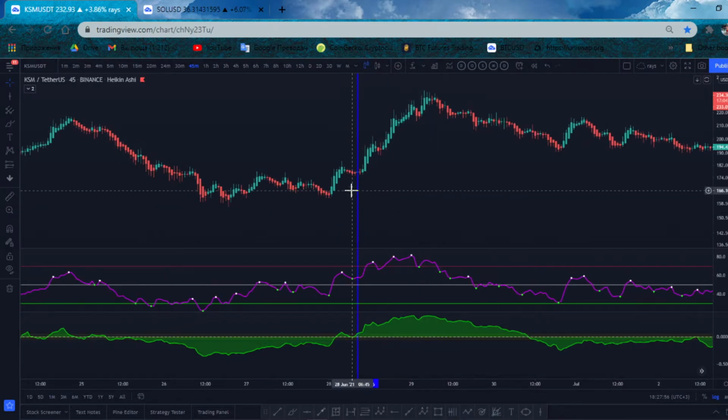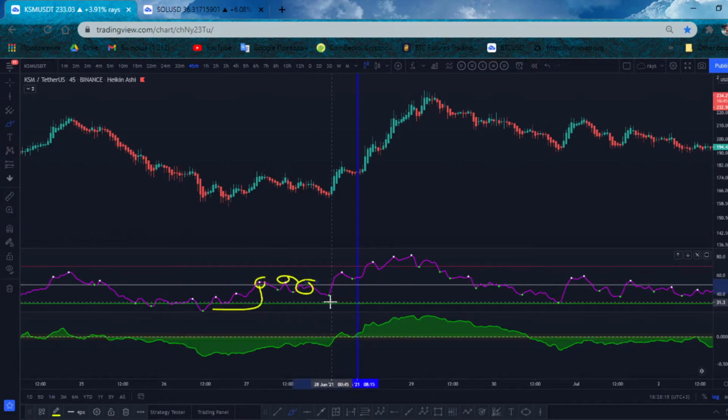In that case, the RSI is again coming from the oversold region. Here it makes a top, rejection on the middle line, rejection on the middle line, but it's finding a bottom again right here, and then it's going to the middle line.